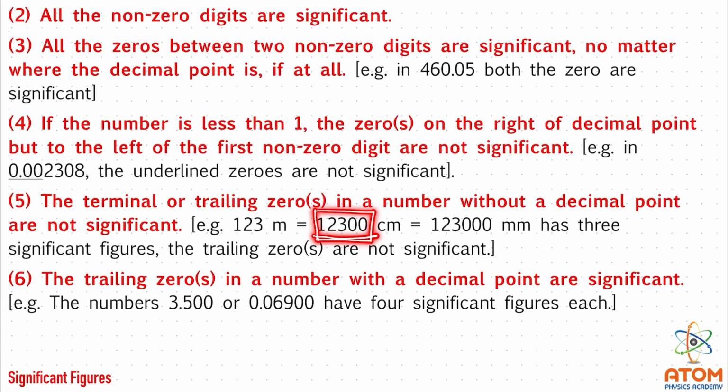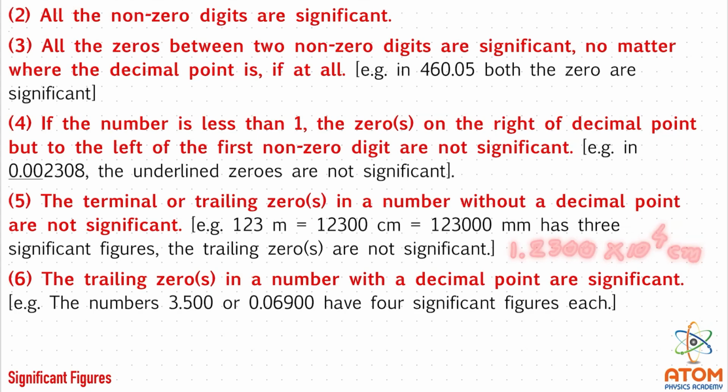If you want to write it in centimeter, then you have to put it something like this, 1.2300 into 10 raised to 4 centimeter. If you write this way, then this 0 will be considered as significant.